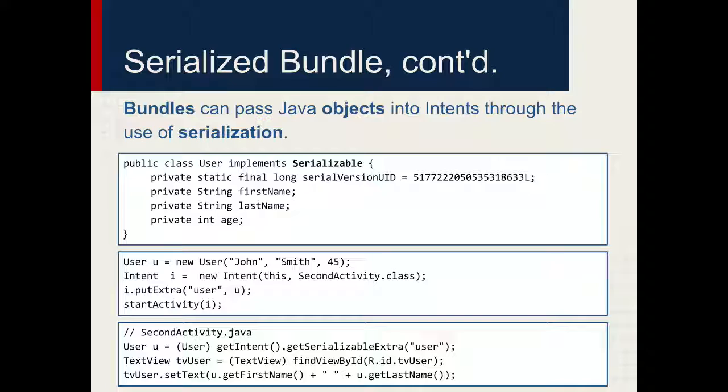We won't talk about how that works, but this is great because it's built into Java, and you can use it to pass data between two activities using your intent. So you can see that we have a new user, we put an extra in, and then we started the activity. And then in our second activity, we can get the serializable extra and recreate our user out of it.